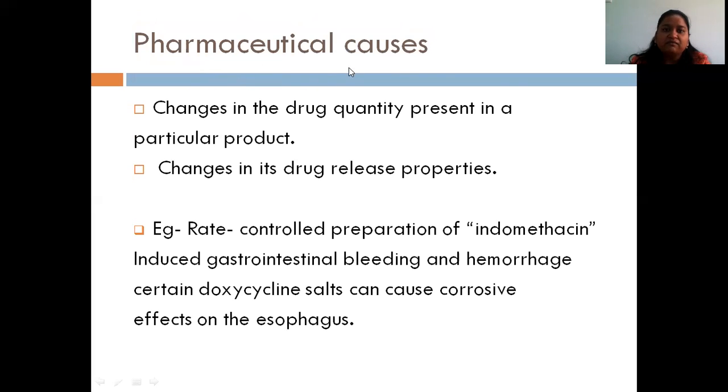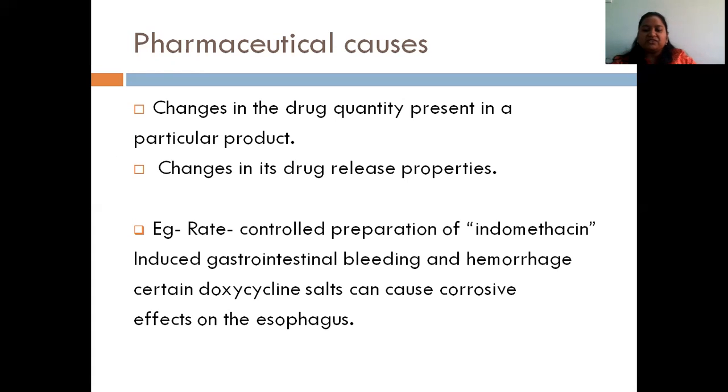Firstly, pharmaceutical causes. Changes in the drug quantity present in the particular product can alter the adverse drug reactions. Some patients tolerate a dose like 650 mg, but some are very sensitive or develop disorders like kidney failure or lung failure.